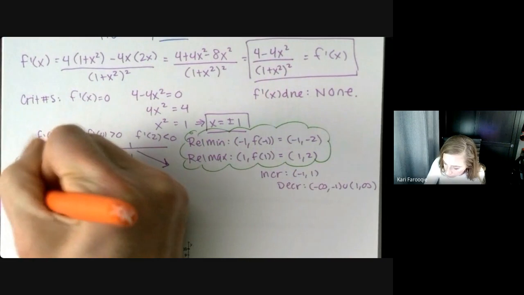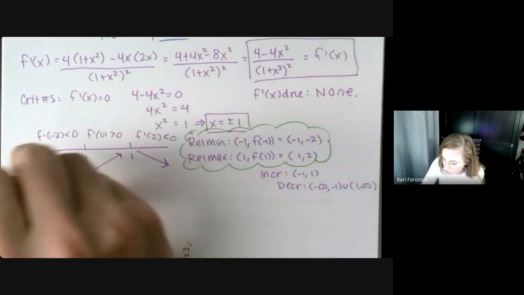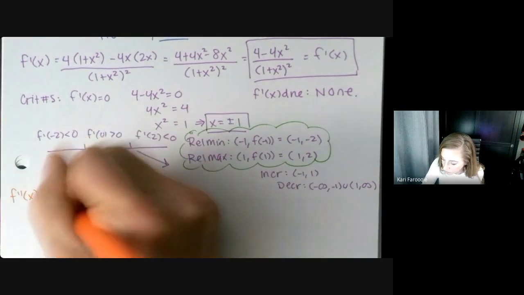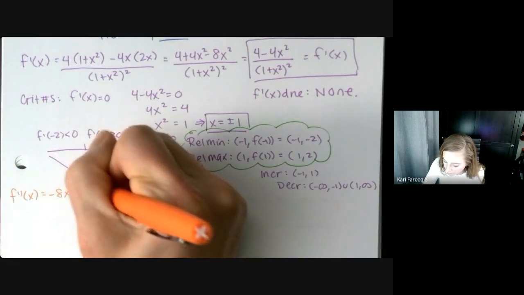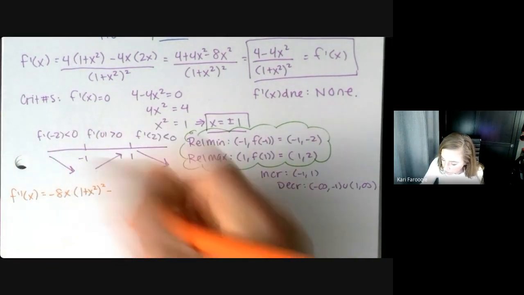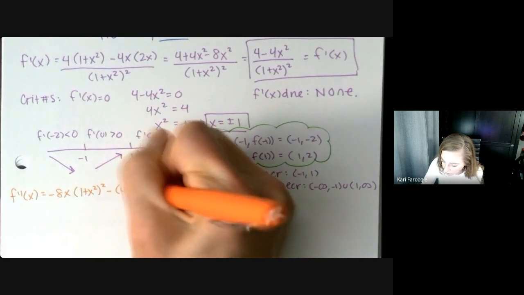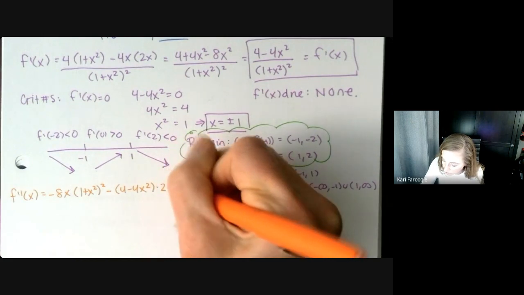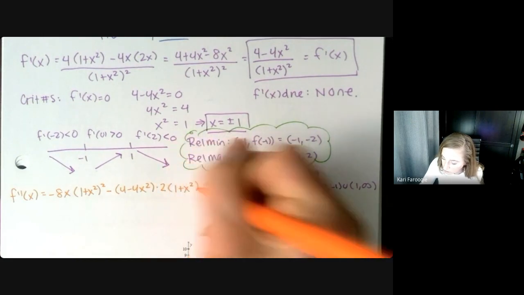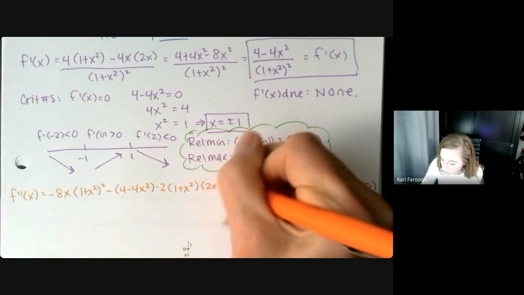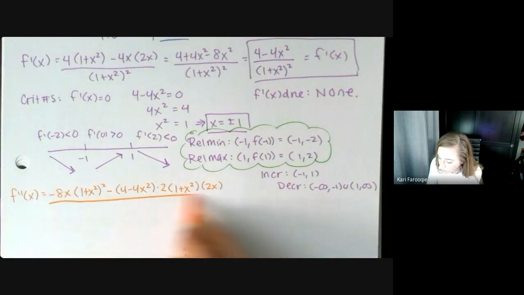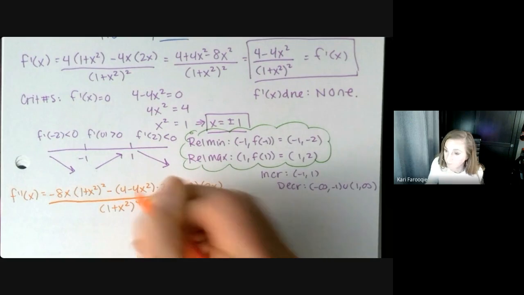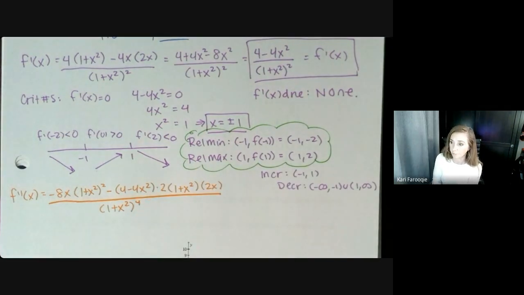F double prime of x is f prime g, so -8x times your denominator, minus your whole function f times g prime, which needs the chain rule: twice 1 plus x squared to the first power and multiply it by 2x. Divide by g squared. And then we'll simplify.